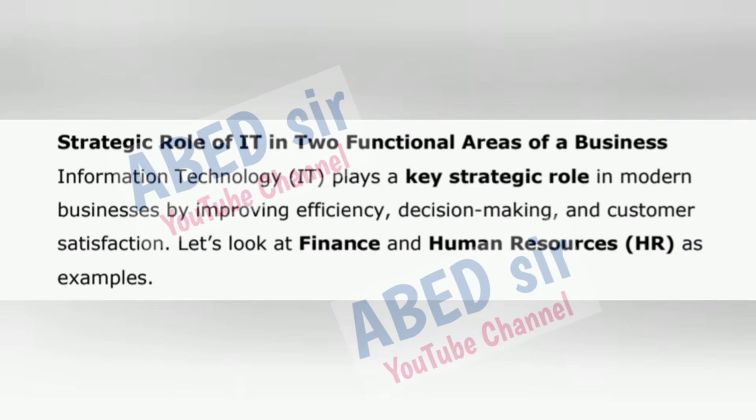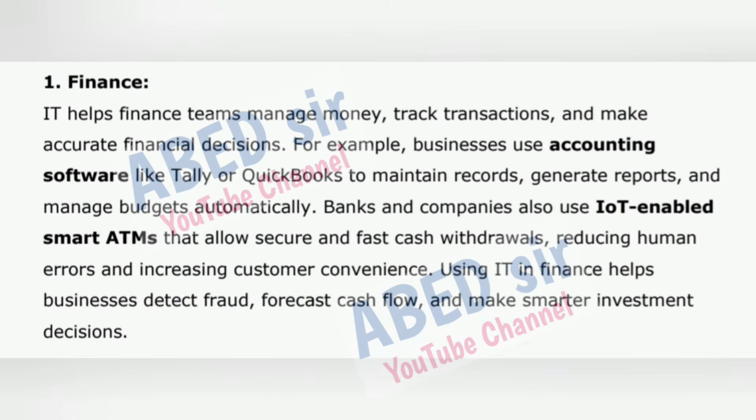Let's look at finance and human resources, HR, as examples. 1. Finance. IT helps finance teams manage money, track transactions, and make accurate financial decisions. For example, businesses use accounting software like Tally or QuickBooks to maintain records, generate reports, and manage budgets automatically.